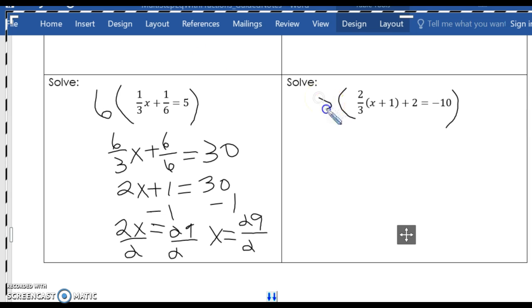So we multiply the whole equation by 3. And here, the 3's cancel, leaving us with 2 times the quantity x plus 1, plus 2 times 3 is 6, equals negative 10 times 3 is negative 30.